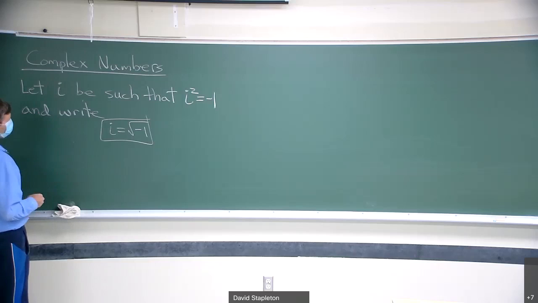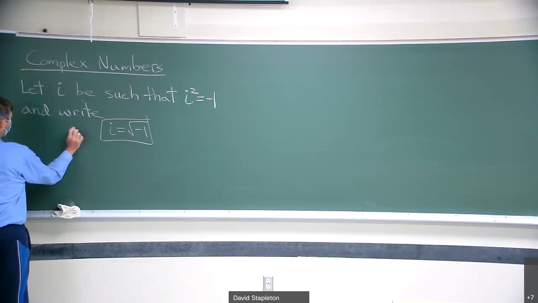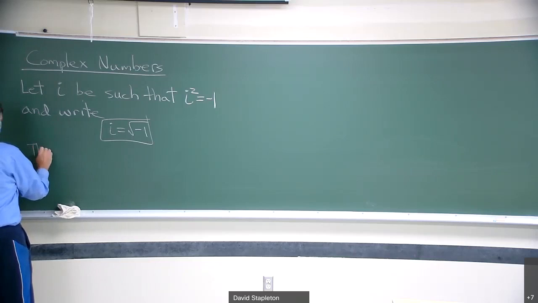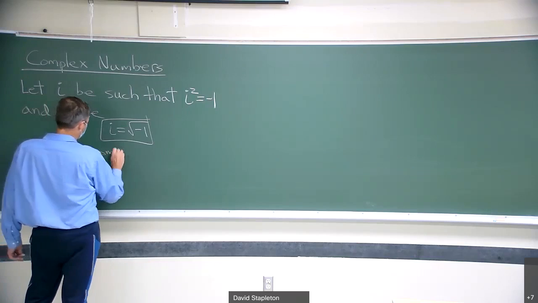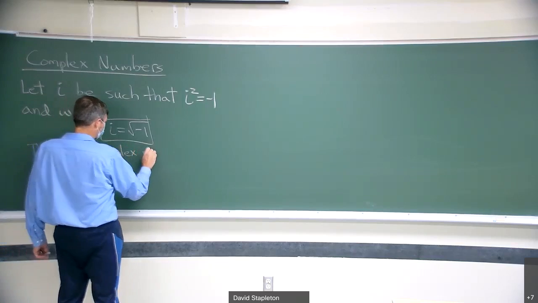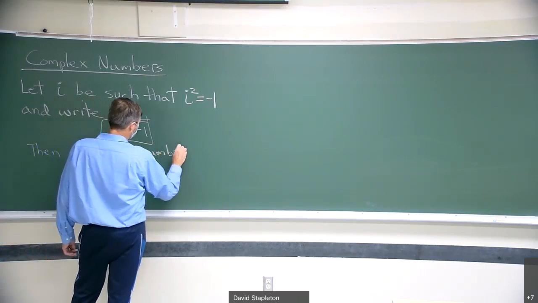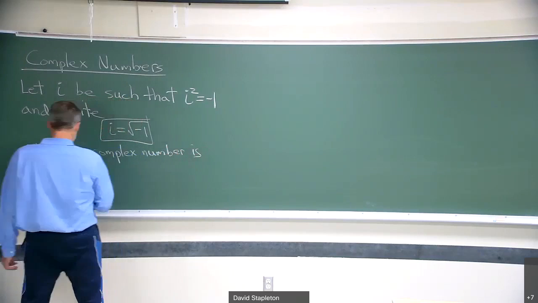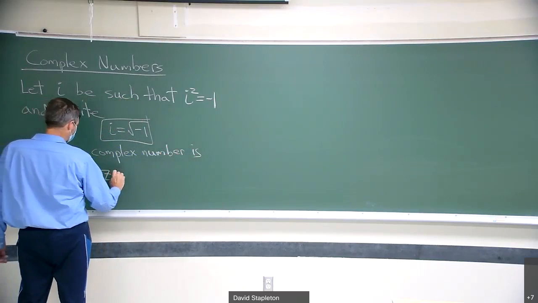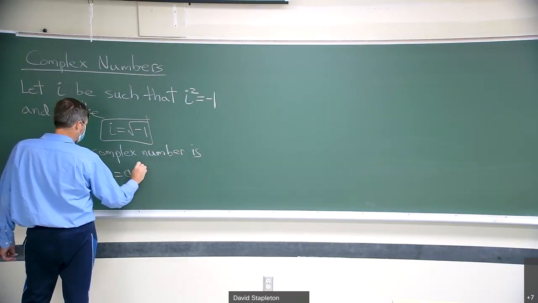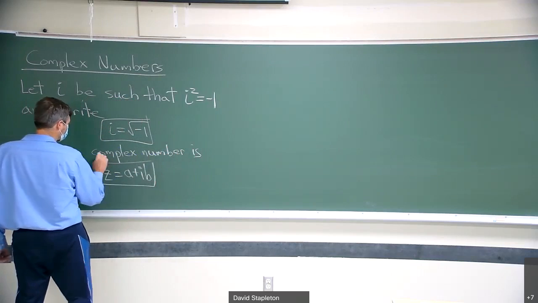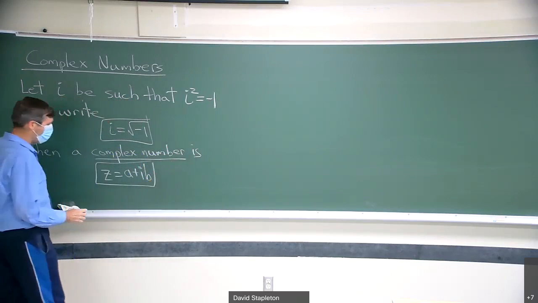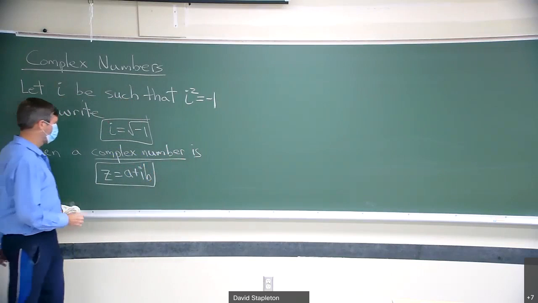So suppose I is the imaginary unit. Then, with that definition, a complex number is any number z equals a plus ib, or you can write bi, it doesn't matter, where a and b are real numbers.